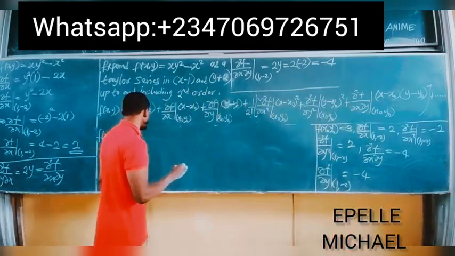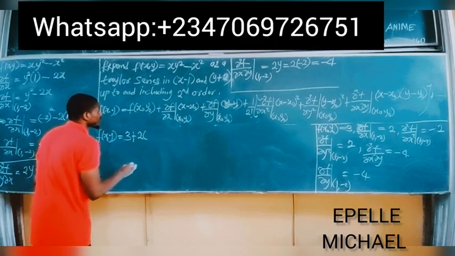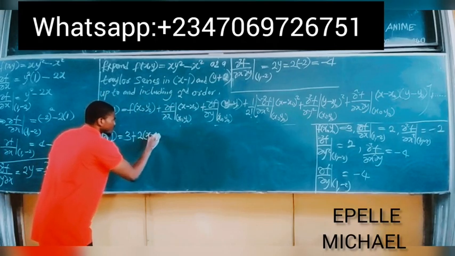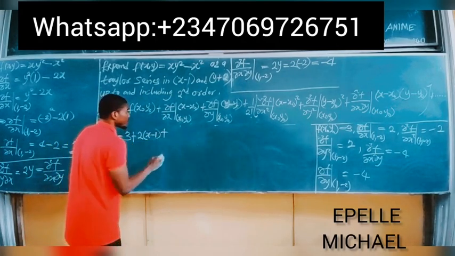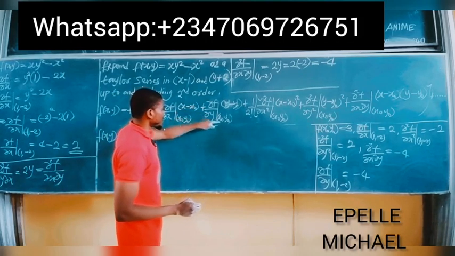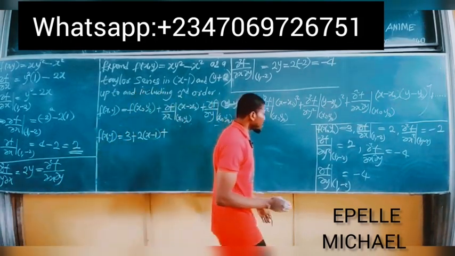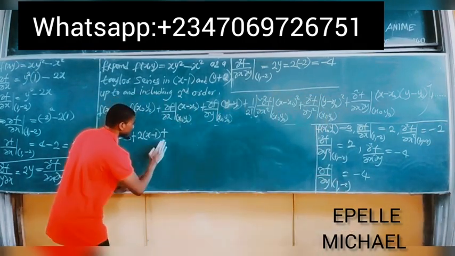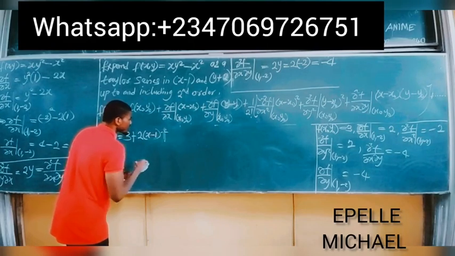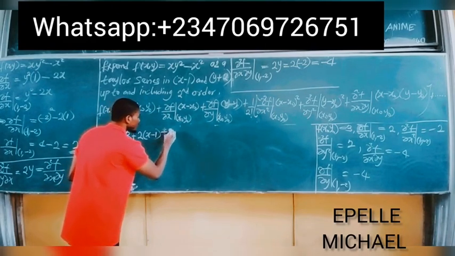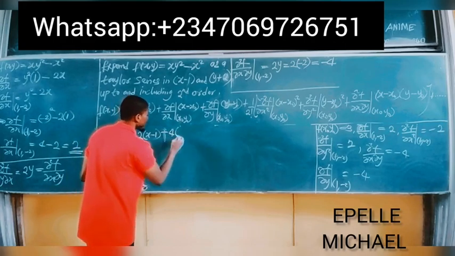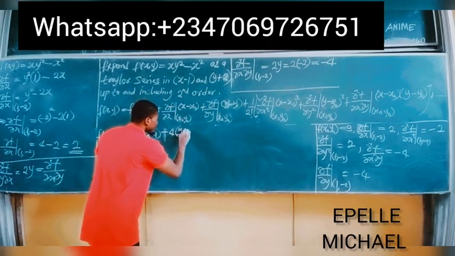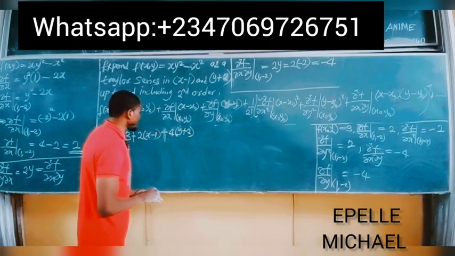So we simply have 2 times (x minus x naught), which gave us x minus 1 here. So 2 times (x minus 1). Plus, next is partial f partial y at that point, multiplied by y minus y naught. And partial f partial y gave us -4. So this becomes minus 4 multiplied by y minus y naught, which simply gives us y plus 2.